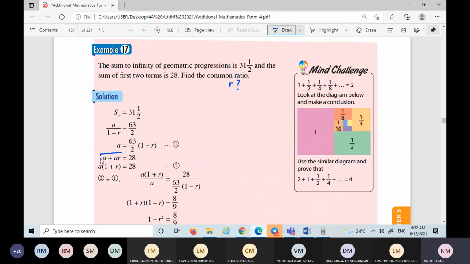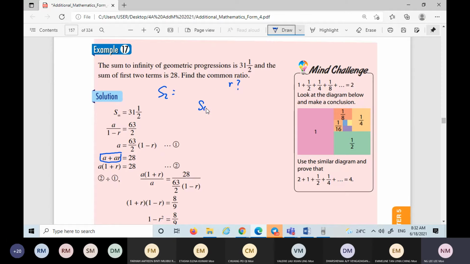Please remember, don't go and use S2. I think this one will make more complicated equations. Let me try.